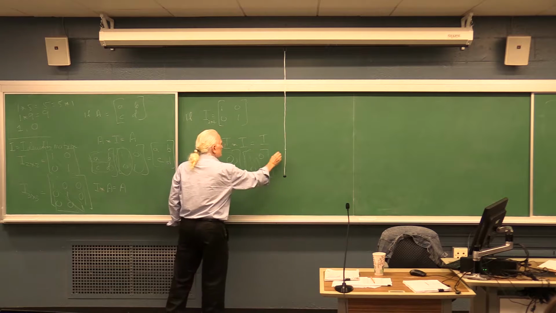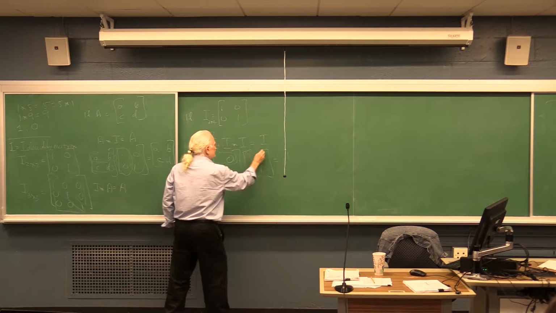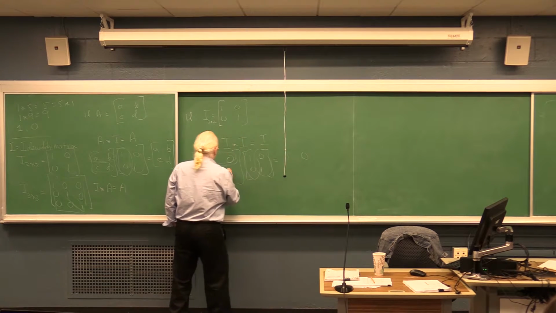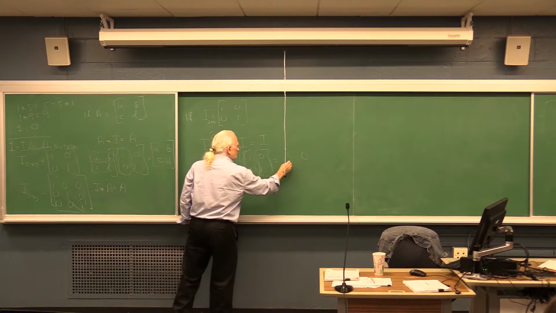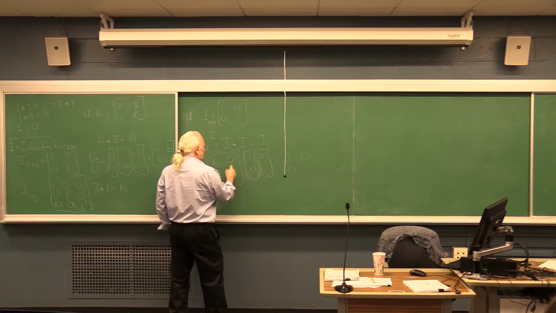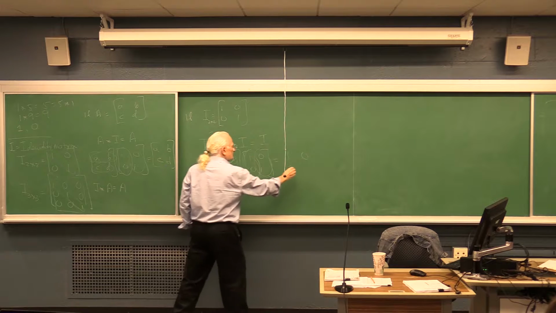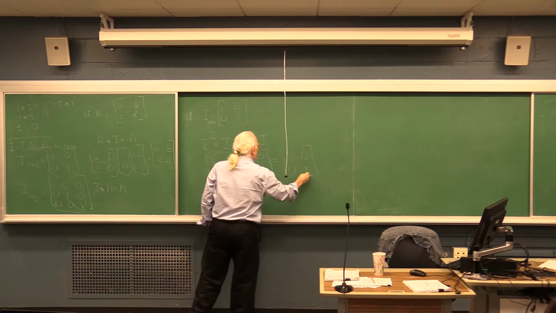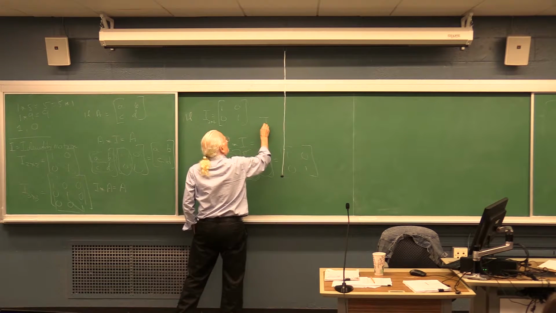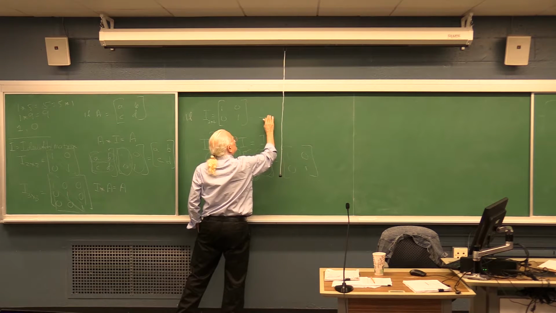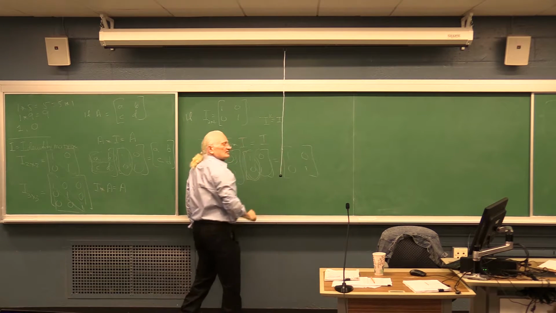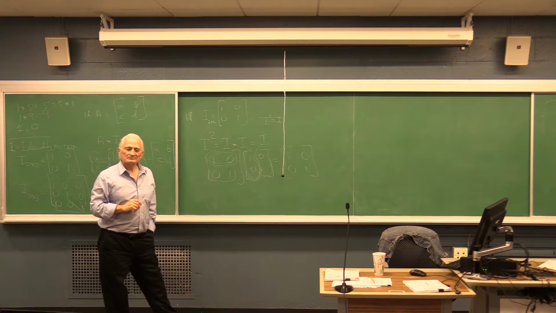This times that will give you 1. This times that will give you 0. This times that will give you 0, because 0 times 1 plus 1 times 0, and this times that will give you 1. So in fact, I to the n power, I to the k power will be I. 1 to any power is 1.